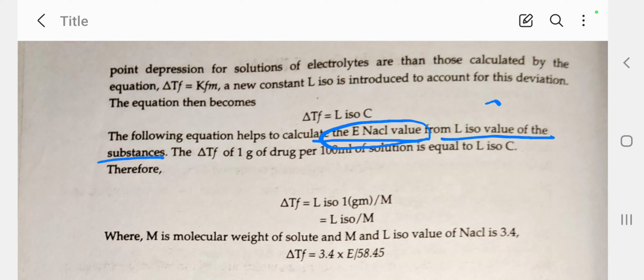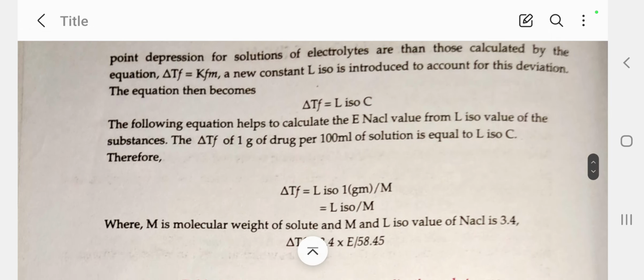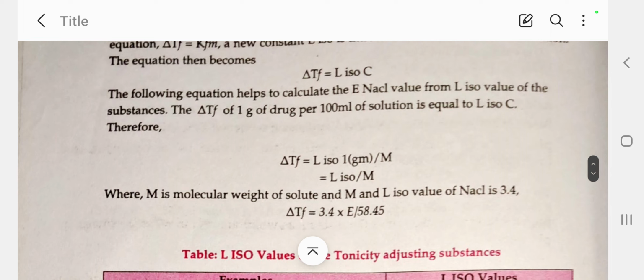By using the L-iso value, we can calculate the adjustment of the drug substance required to maintain the tonicity. Here, E is equivalent to this formula with L-iso. Here C is 1 gram per m, so delta TF is shortened to L-iso divided by m.